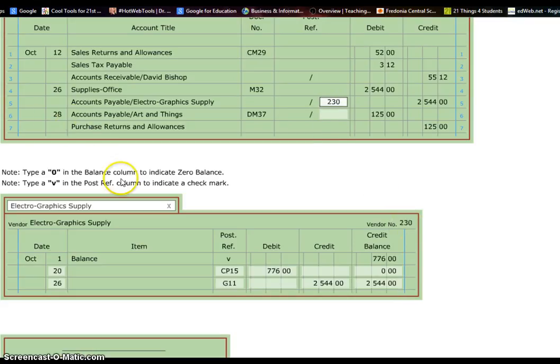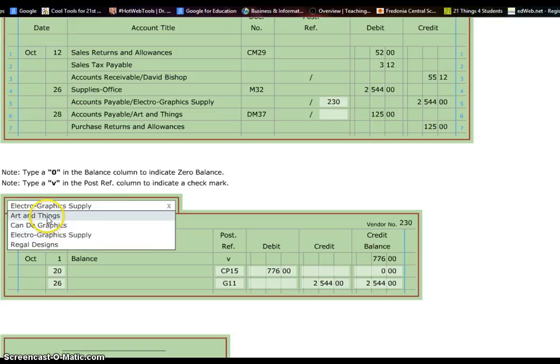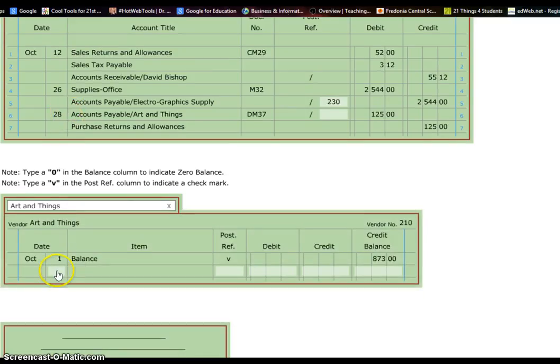They also want us to now go to Arts and Things and do the same thing. So the 28th is our date. We're still on G11, and we have a debit balance here because it was a purchase returns and allowances, so it's something that we brought back. So we have a debit balance of $125.